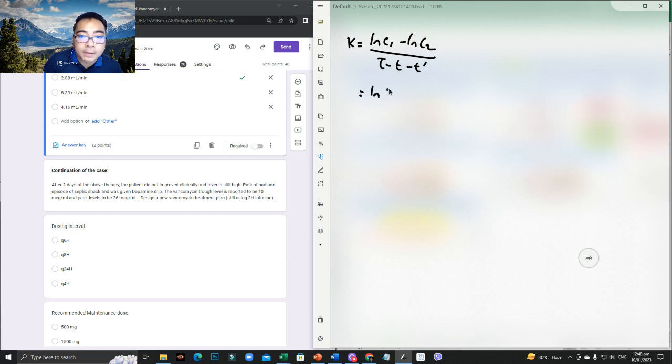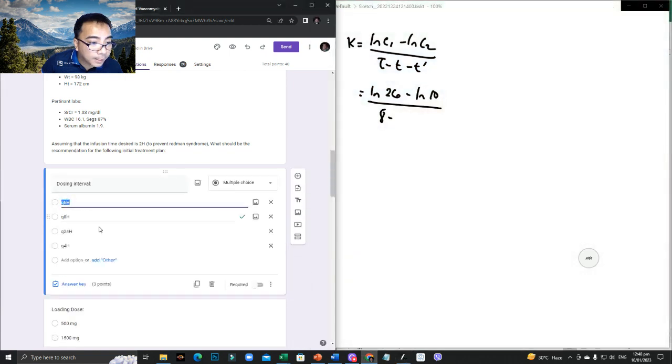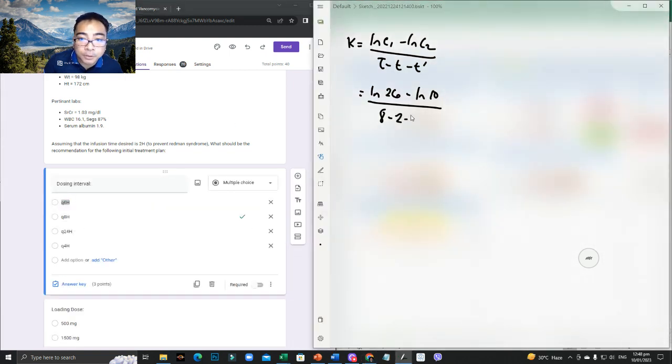So, ln 26 minus ln 10 divided by 8, our initial dosing interval. So 8 minus 2 hours infusion minus 2 hours waiting time. Do that, class, and you'll get an answer of 0.2389 for K, per hour.